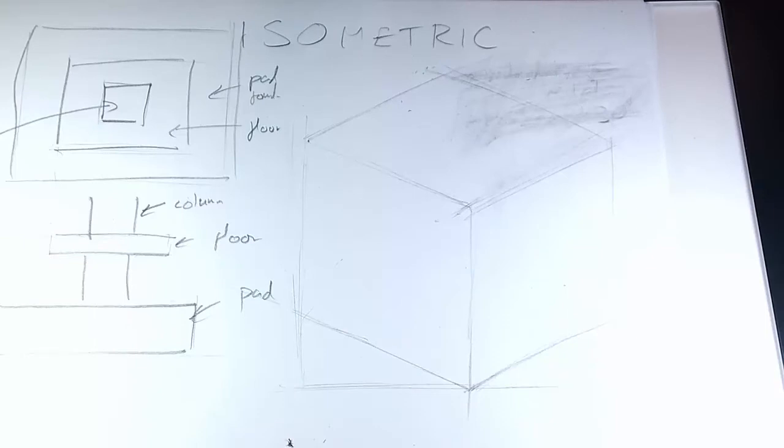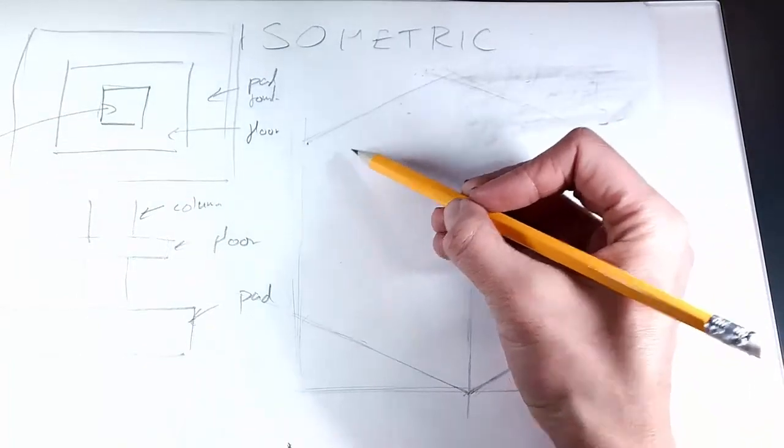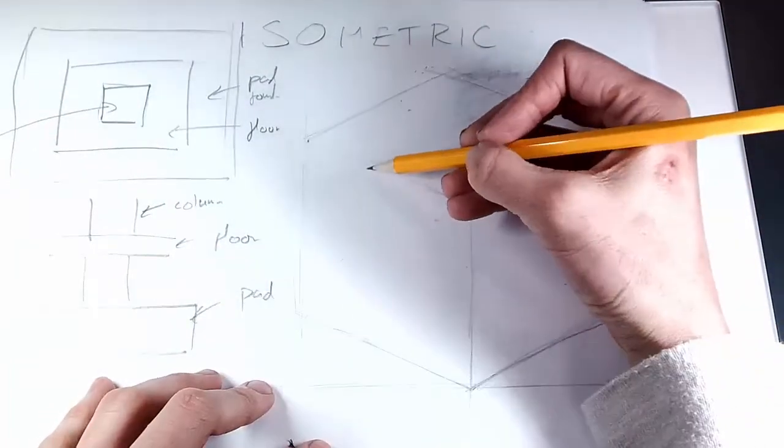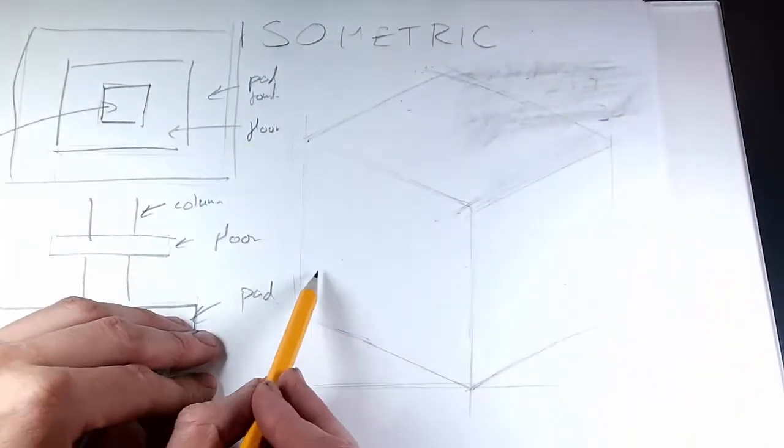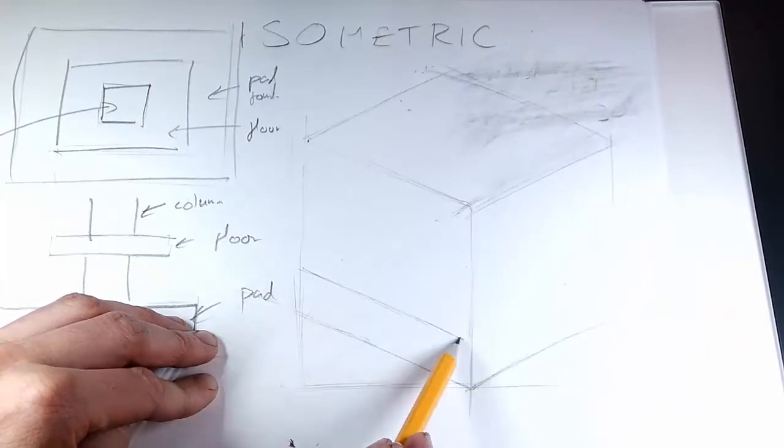So my construction glass box, you can think of it as a glass box through which you're looking at the image. I want to put my side projection here and my plan there, so do it along with me. We've got, let's do side first. So we've got the base, the pad foundation, say it's about there.